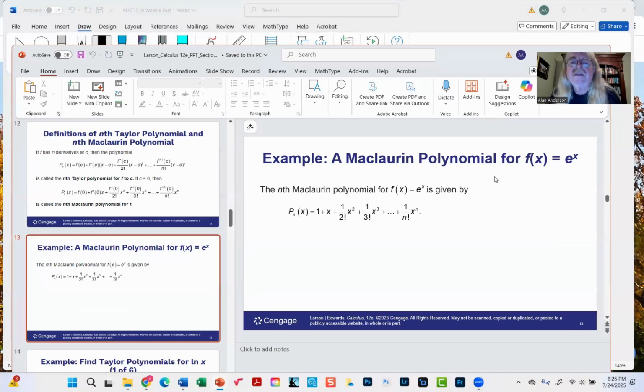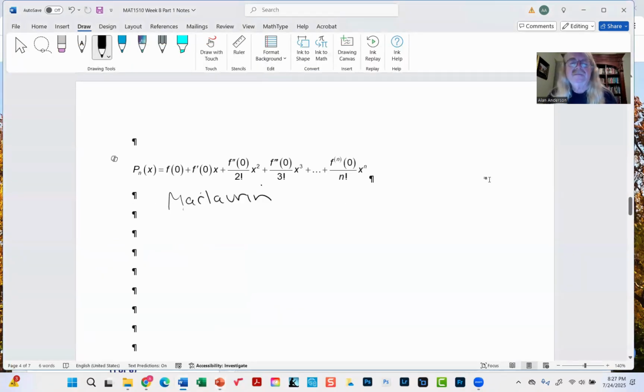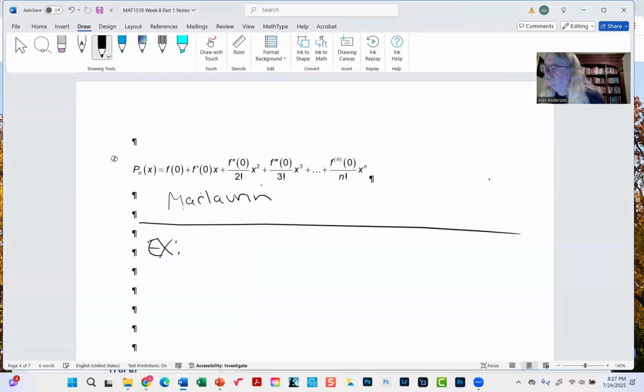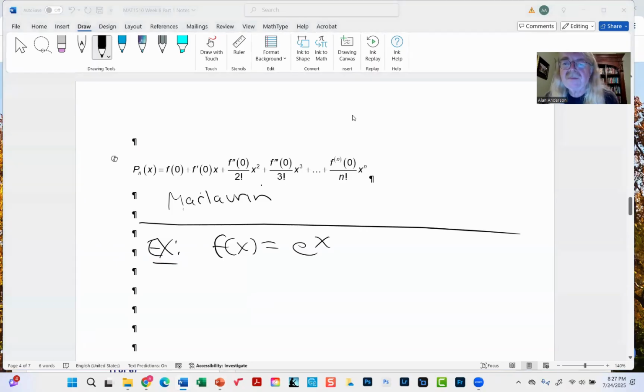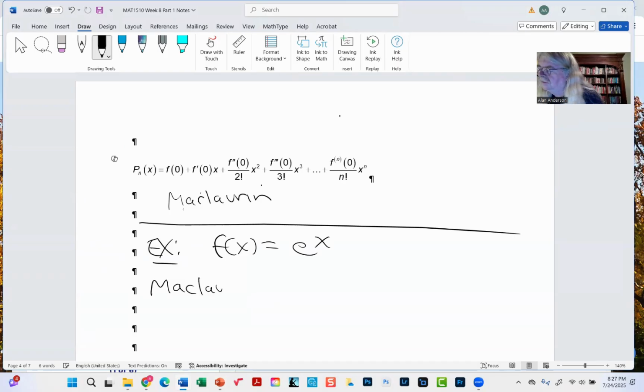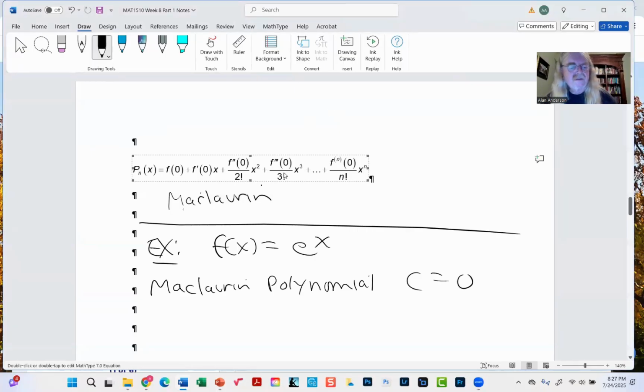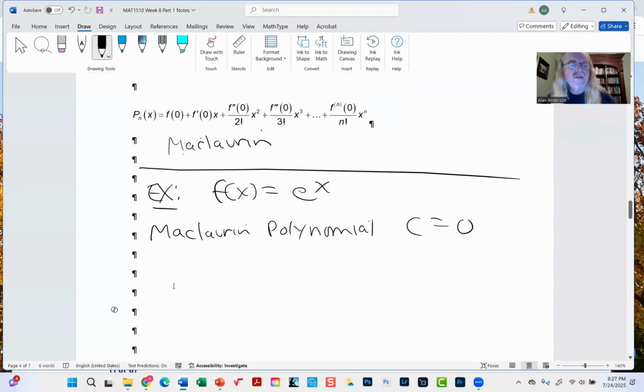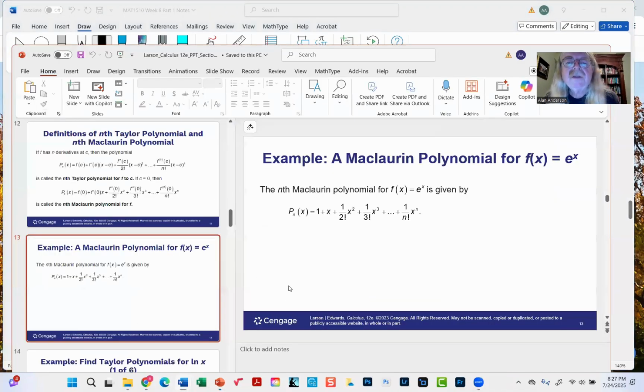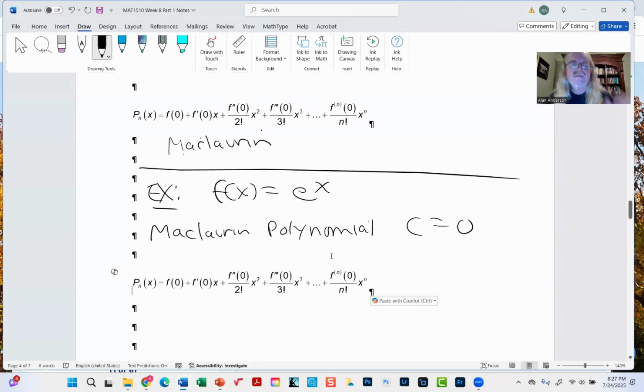So here, what they want you to see is if we used a Maclaurin polynomial where f of x equals e to the x, that implies, of course, that because it's Maclaurin, that the center is zero. So you can see here's the formula. Let's use this. And they're going to show us several of the key terms.